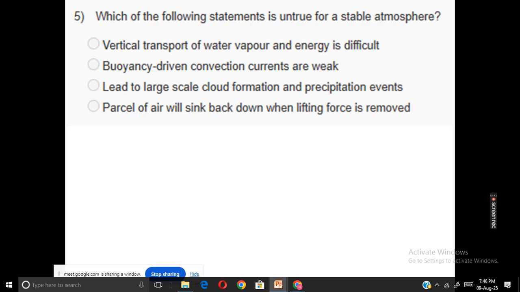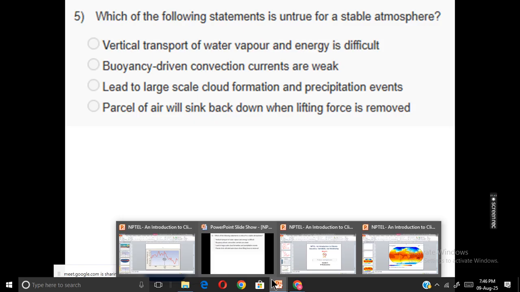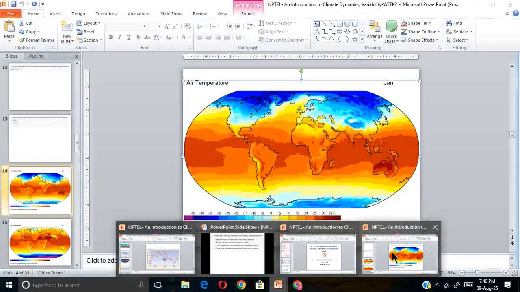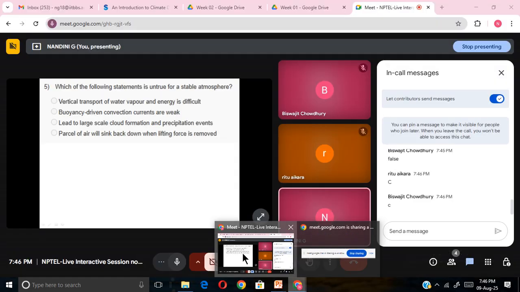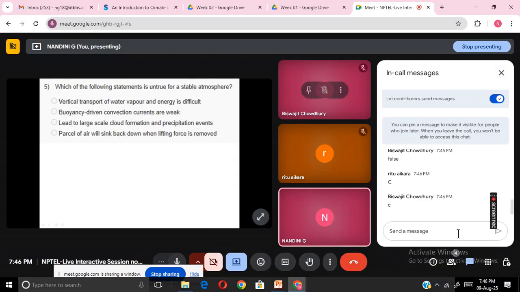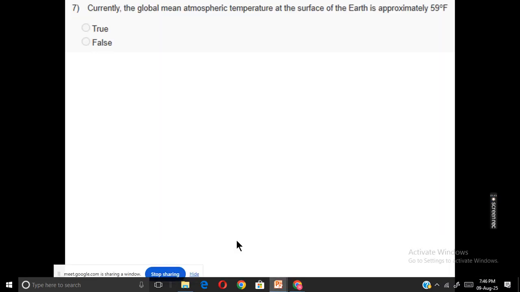The troposphere is like an unstable kind of atmosphere. Suppose the atmosphere is unstable, there won't be cloud formation and precipitation events in the atmosphere, because the vertical motion of air parcels will not happen within the atmosphere.